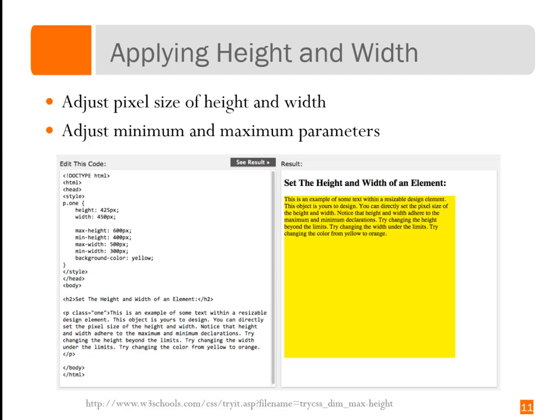And the same thing holds true with the width. So here we have a maximum width of 500. The width that we've defined is 450 pixels. The minimum width is 300 pixels, so it fits very nicely there. If we were to reduce the width to 275 pixels, the viewable image would still be displayed 300 pixels wide because the minimum width requires that.